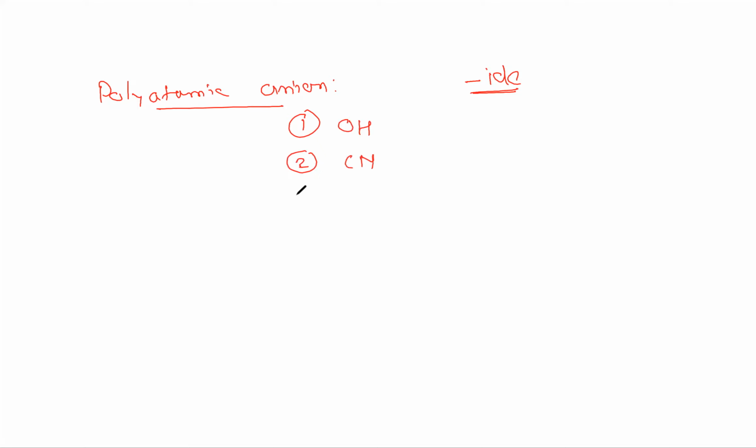Remember, it has many different rules, so stay focused. In terms of polyatomic anion, the first thing is that there are only three exceptions in which we still use IDE as a suffix, even though they have more than one element in them.